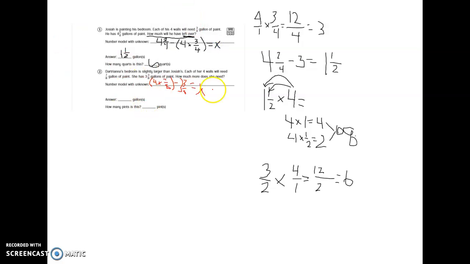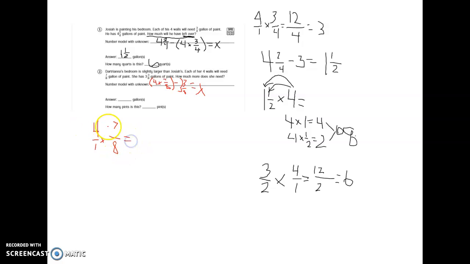So now I need to solve the same way I did for number 1. So I'm going to take my 4 walls times the 7/8 gallons that are needed to solve for that.